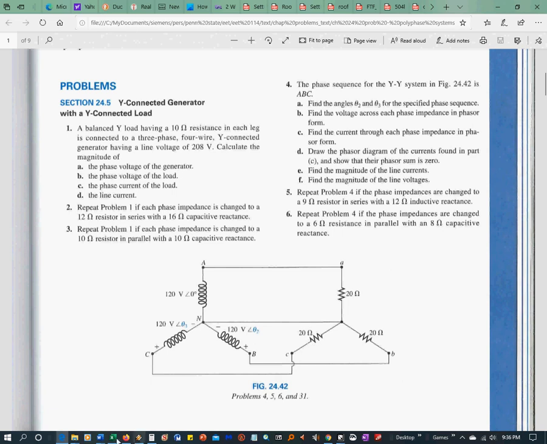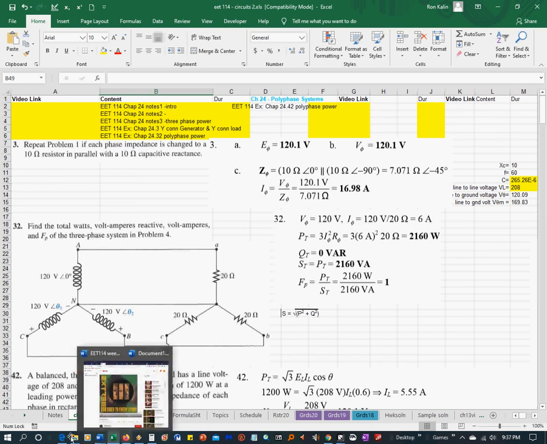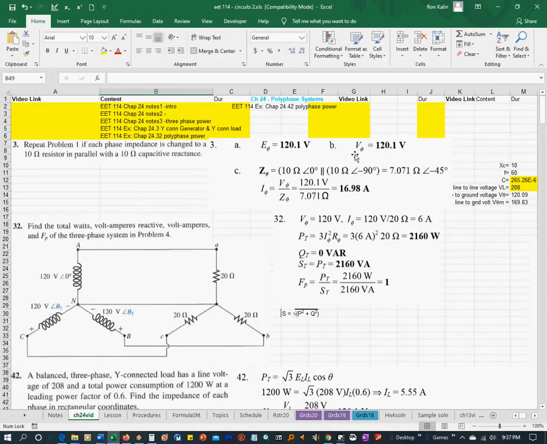So if we go back to that problem, it's looking for the phase voltage, and that's going to be 120 volts. The phase voltage of the load is going to be the same as the phase voltage in the generator because they're both Y connected.